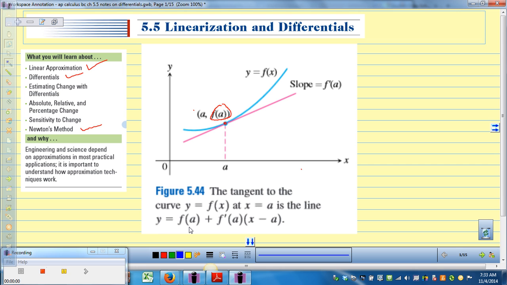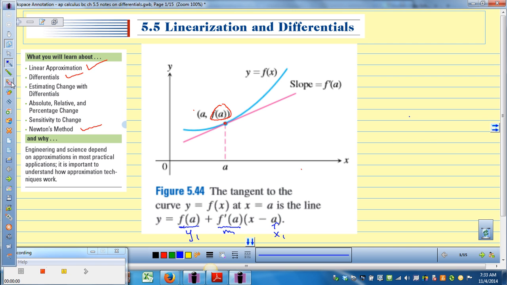Okay, our f of a is just our y1. Our f prime of a, well, that is the slope. And when we write the equation of a tangent line, we use the derivative to find the slope. And this x minus a, what's a? X sub 1. It's just point slope solved for slope-intercept form, solving for y. Okay, so it's exactly what we have been doing.